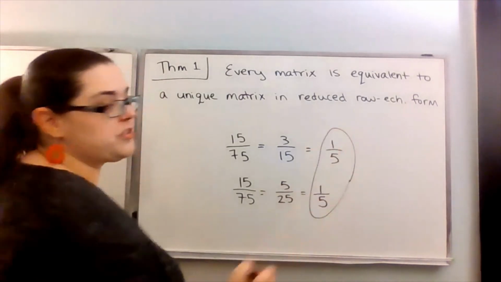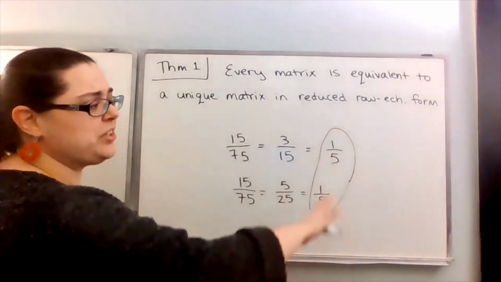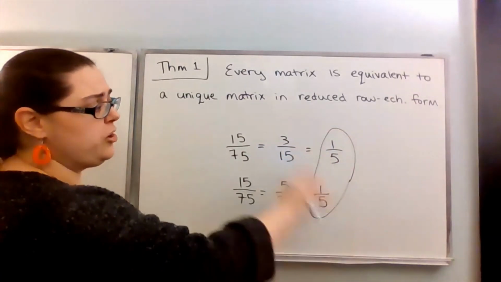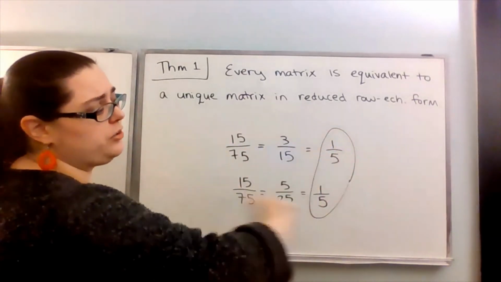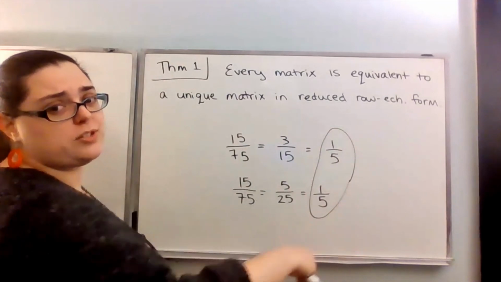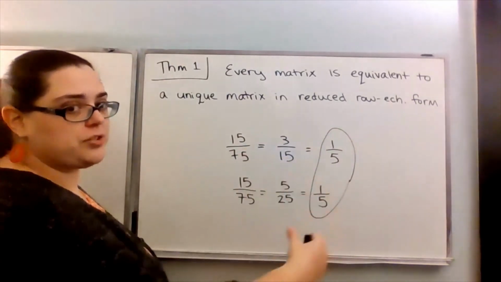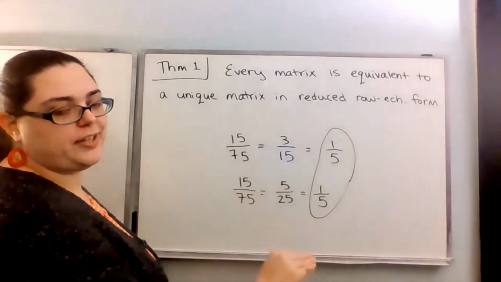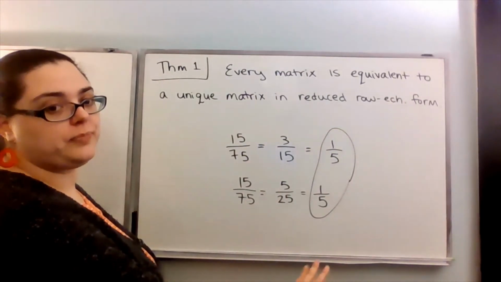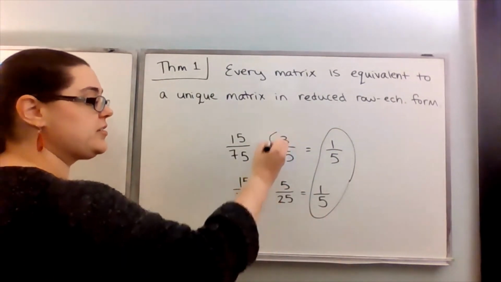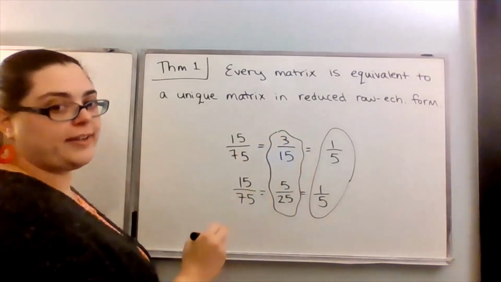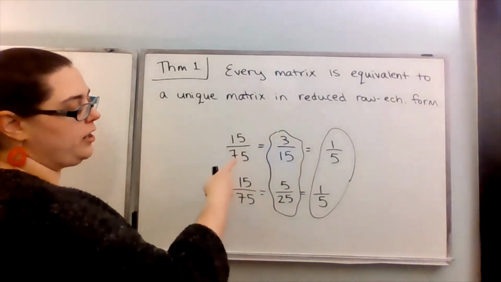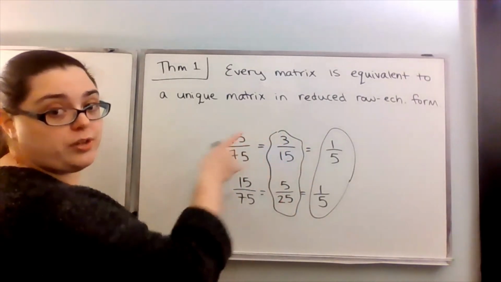The final reduced fraction, that's like our analogy to reduced row echelon form. Once you completely reduce the fraction, you're going to get the same answer. So once you completely get your matrix in reduced row echelon form, you're going to get the same one no matter what. However, these two are like our row echelon form. So they are kind of a nicer version than what we started with.